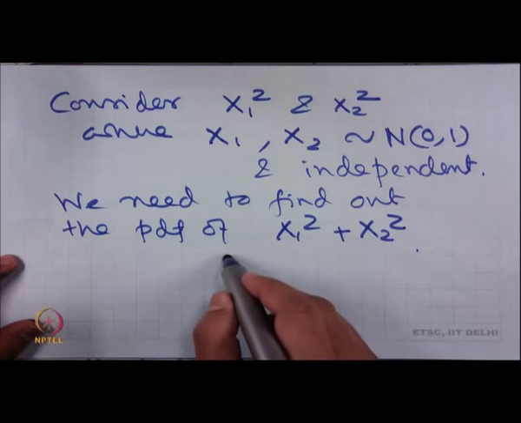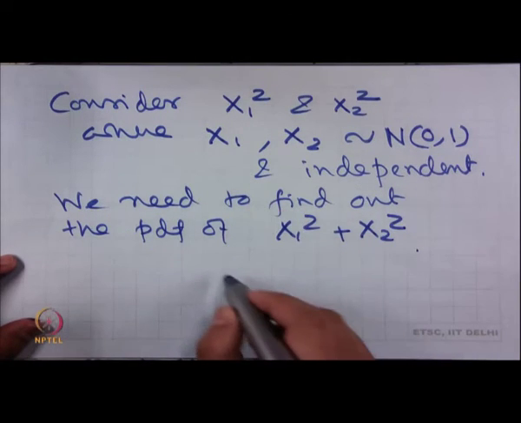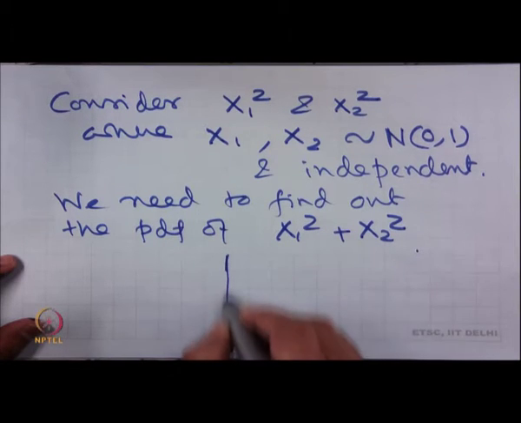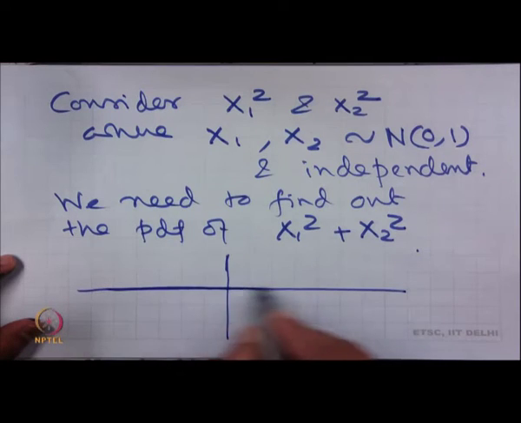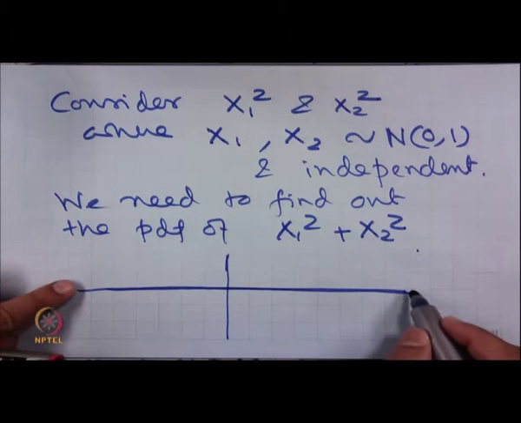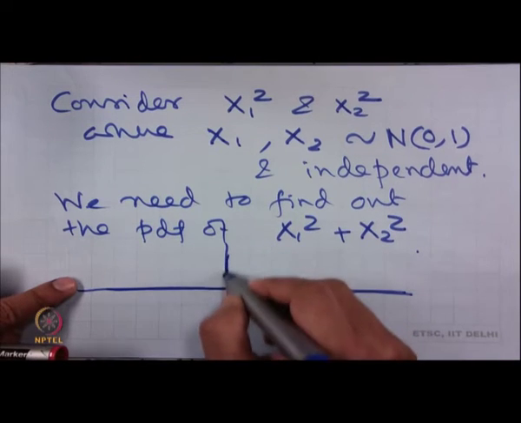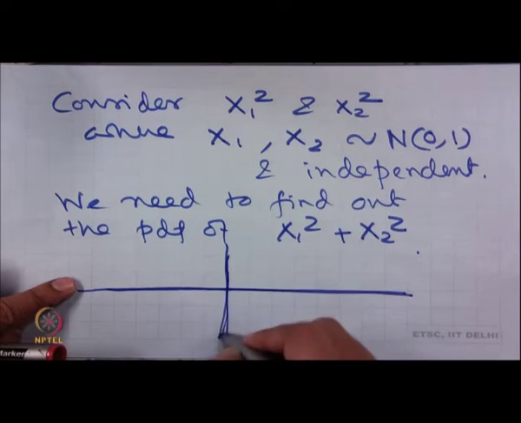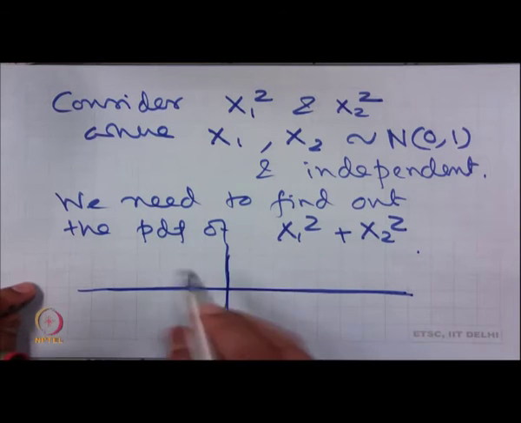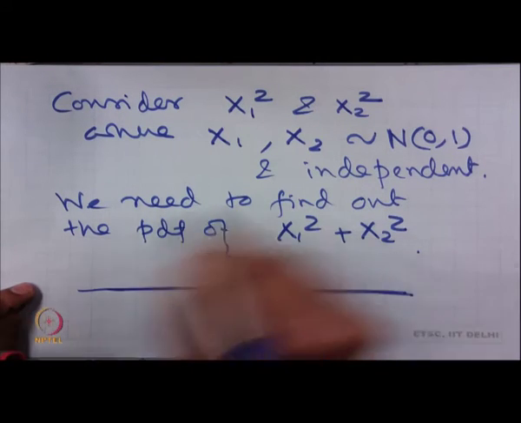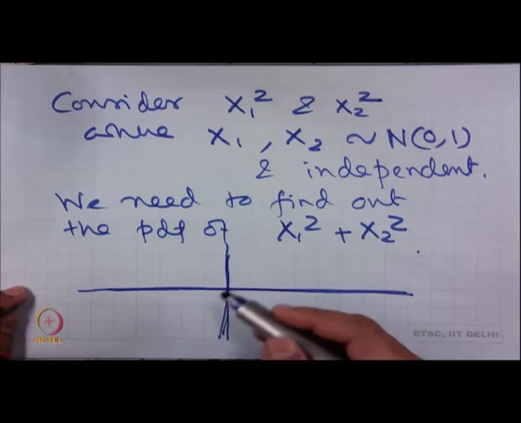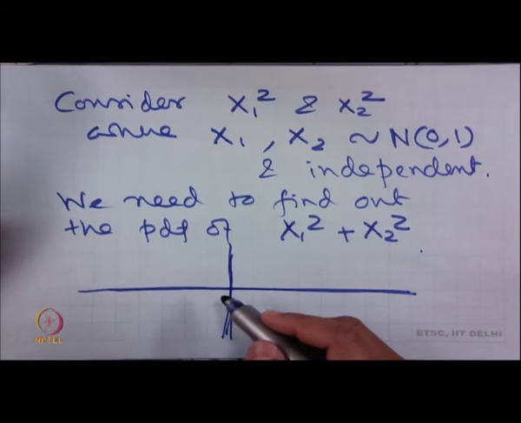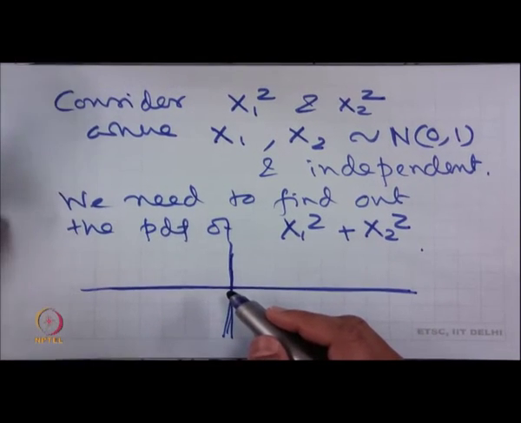Since x 1 is normal 0 1, we can consider x 1 along this axis and x 2 along the y axis, so that x 1 and x 2 together can cover the entire 2D plane. Why are we doing that? Because that guides us to take a very meaningful transformation. What is that?